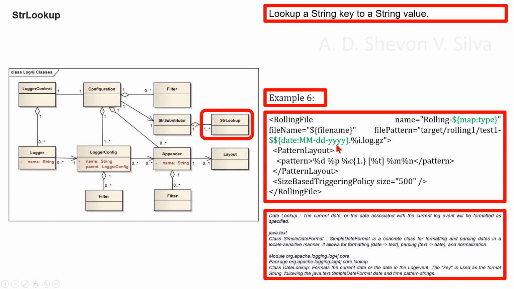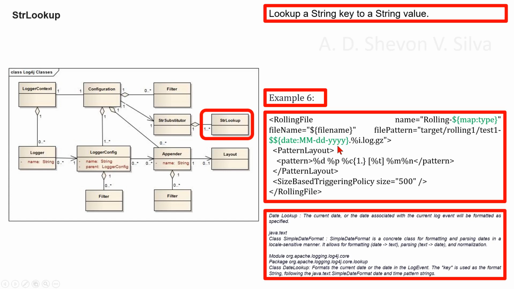The class SimpleDateFormat in java.text is a concrete class for formatting and parsing dates in a locale-sensitive manner. It allows for formatting date to text, parsing text to date, and normalization.